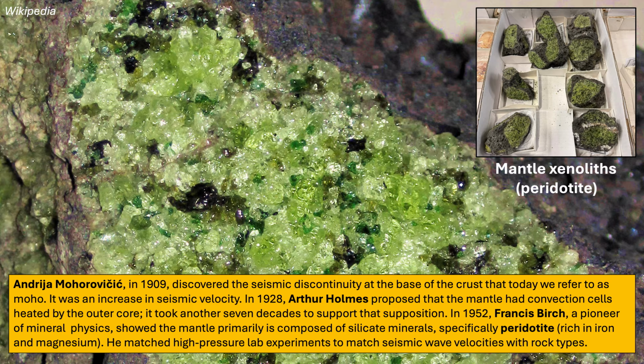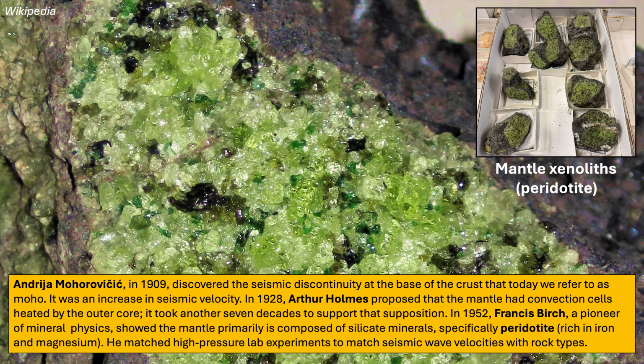In 1928, it was Arthur Holmes who asked what causes the seafloor spreading. He didn't know about seafloor spreading so much, but they already knew about the idea that Wegener had, from continental drift.